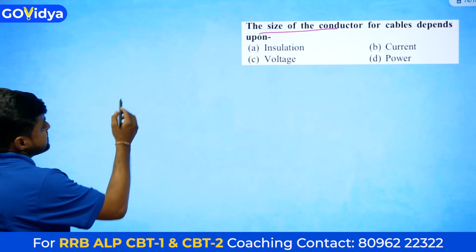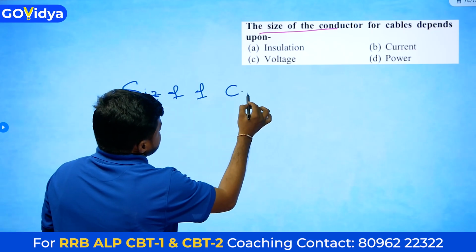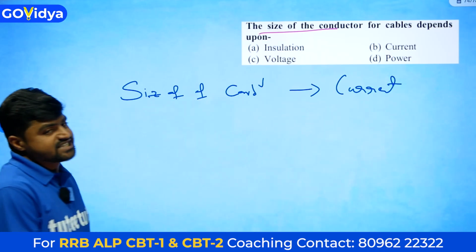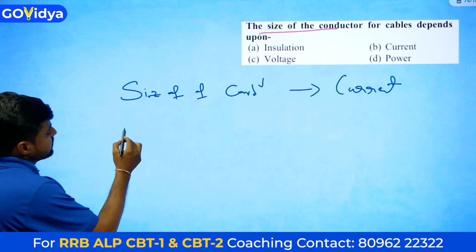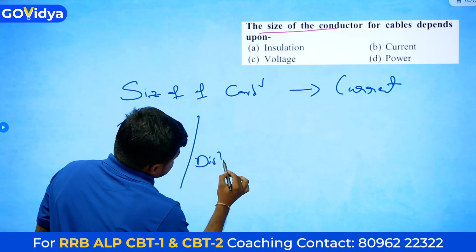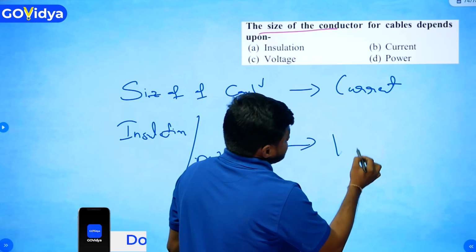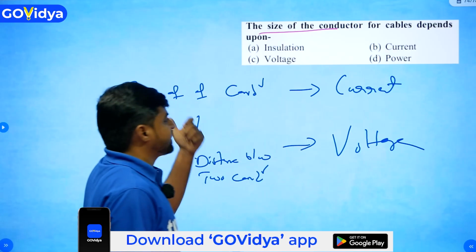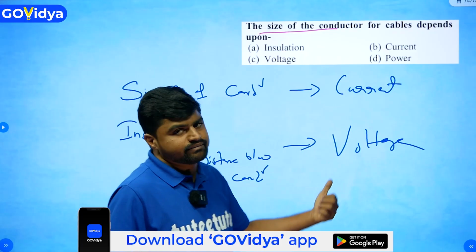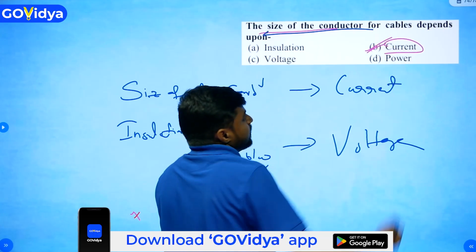Size of the conductor depends on current. Insulation or distance between two conductors depends on voltage rating. Here in the question they are asking the size of the conductor, so size of the conductor will depend on current. Option B is the correct answer.